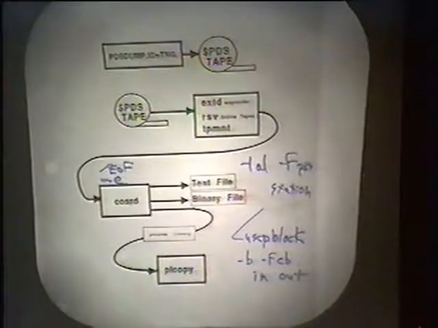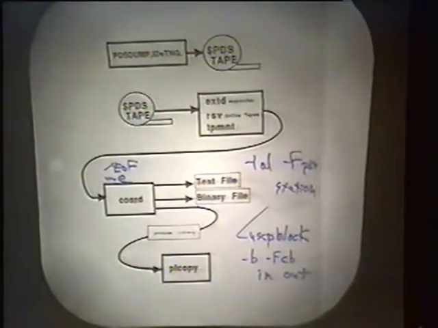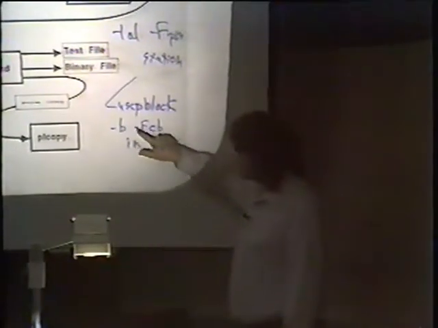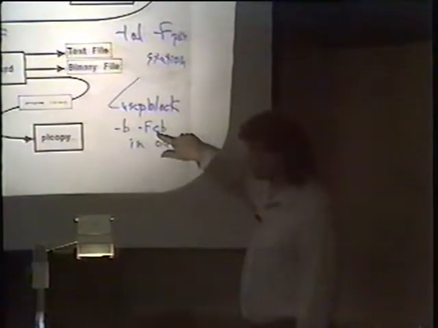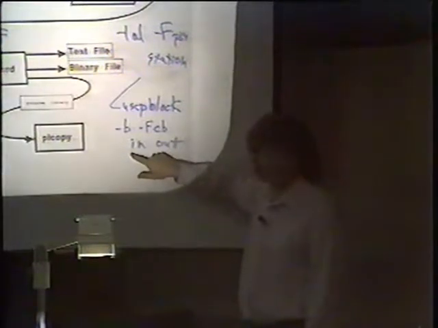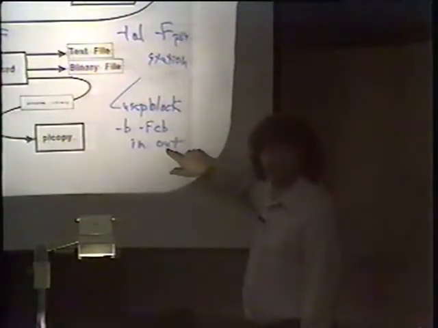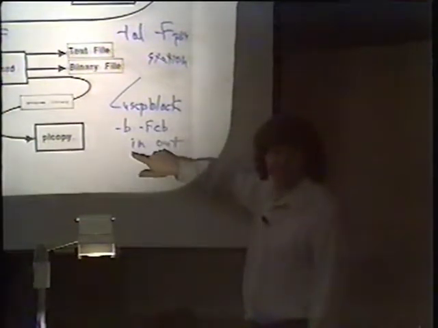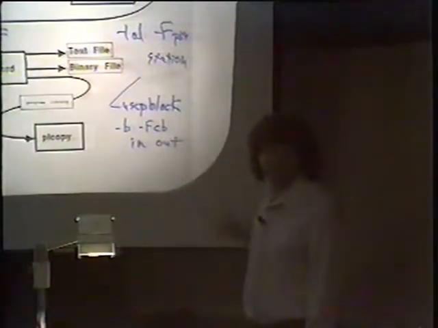If it's a character data set that I know is still intact, I can reblock that thing and then run it through COS read and split it apart. And it has a -B saying block it, -F saying it's going to be character block format, and then the input file name and the output file name. So USCP block is a 4.0 support.